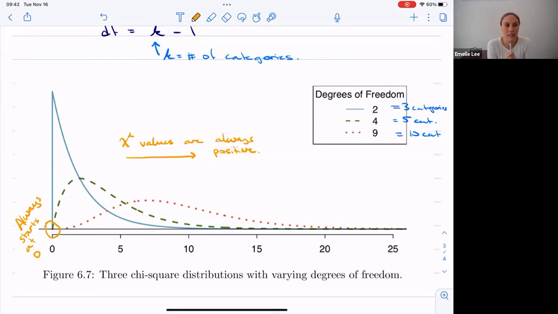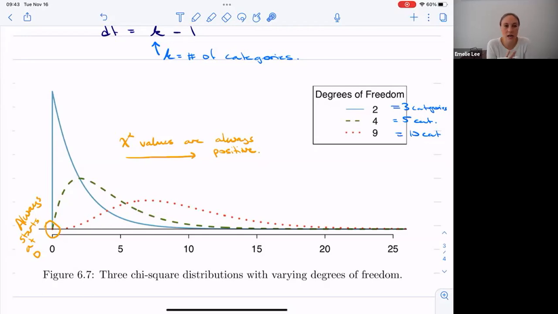And depending on how many groups you have, it's going to change the shape. Here, this looks like an axis, but it's actually not. It shoots up with 2 degrees of freedom, and so that's 3 categories, and then it trails off like this. If we increase our degrees of freedom to 4, so now we have 5 categories, then the distribution starts to look like this.